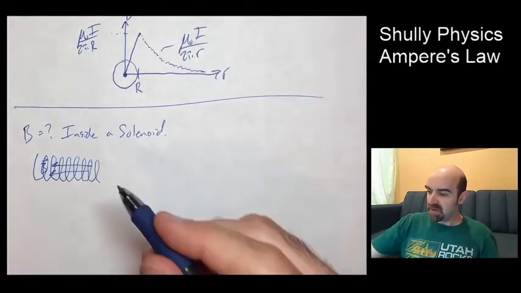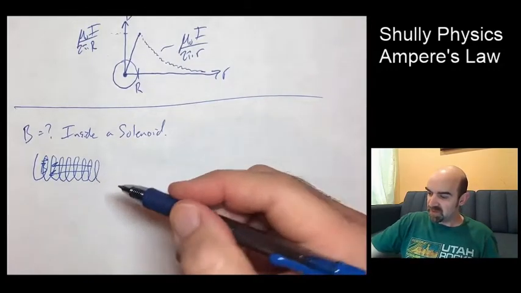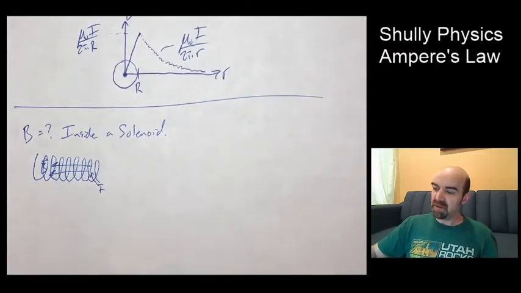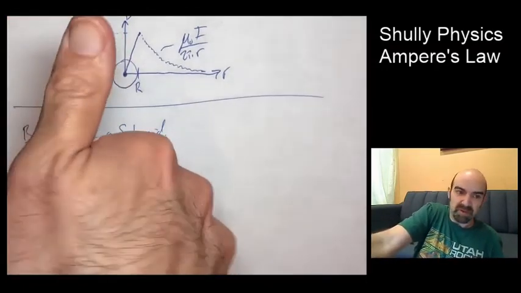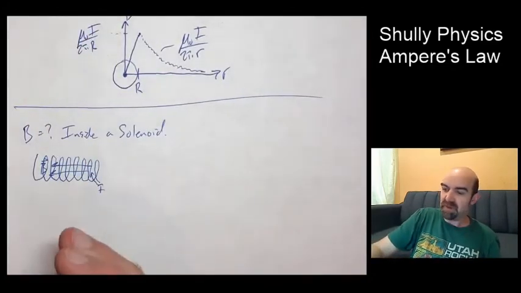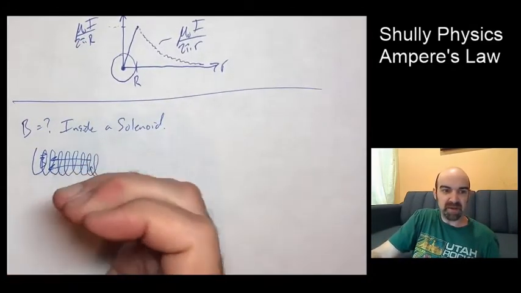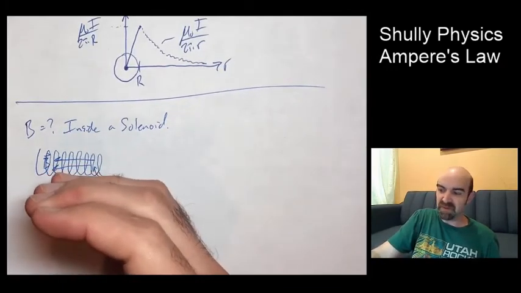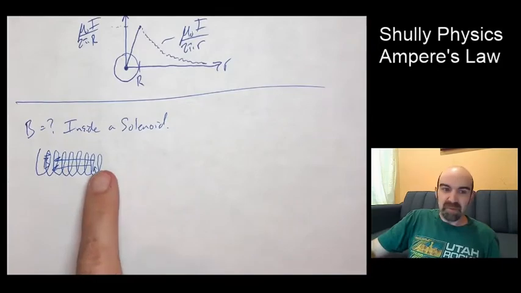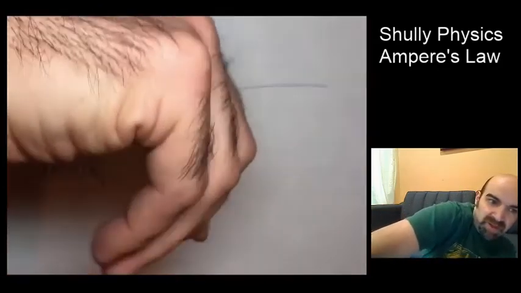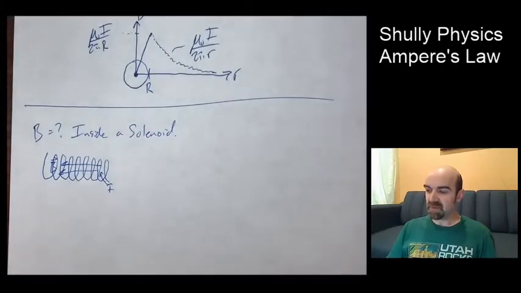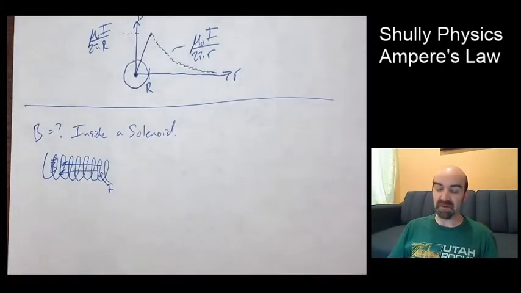As we send a current up like this through that solenoid, at each point in the wire, there's going to be a magnetic field. At the bottom, the current's coming out of the page, so there's a magnetic field to the left. At the top of the coil, the current will be going into the page, so there's also a left-hand magnetic field there. So it's a nice constant magnetic field on the inside.